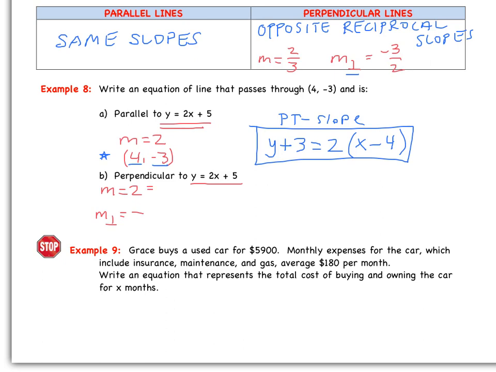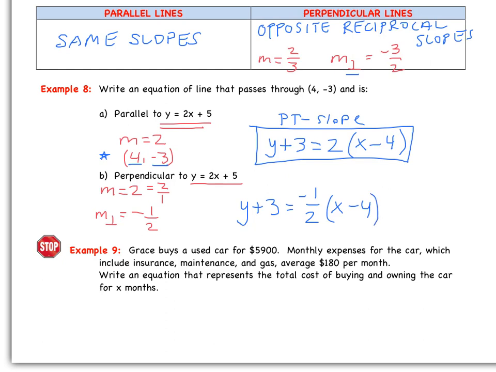Well, 2 is like saying 2 over 1, so the reciprocal is 1 over 2. So the slope of our perpendicular line is negative 1/2. Again, (4, -3) isn't our y-intercept, so point-slope is the best way to go. Very similarly to above, we have y plus 3 equals negative 1/2 times the quantity (x minus 4).